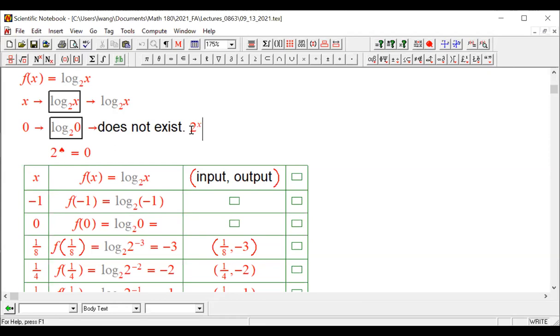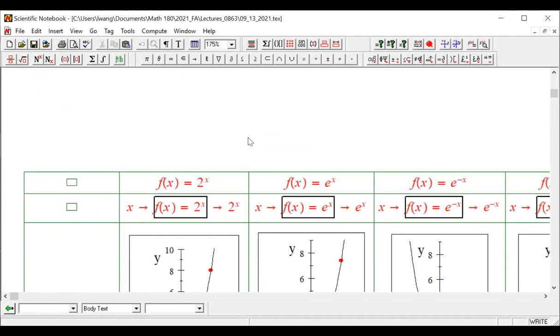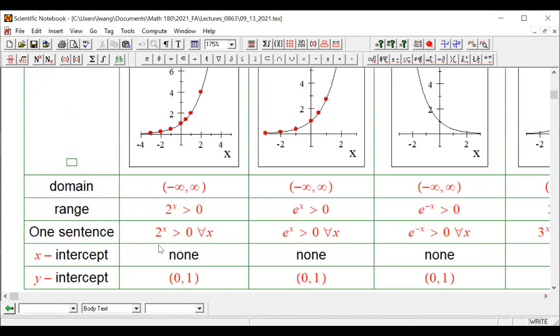We have that one sentence statement about the domain and range. Two to the power of x is greater than 0 for all values of x.